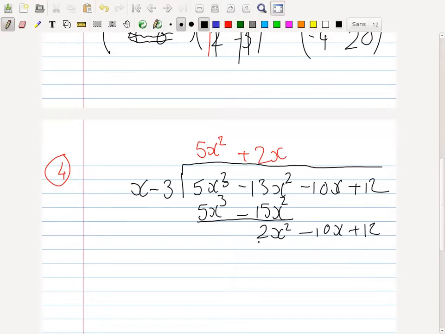Carry out the multiplication. 2x squared minus 4x. And now I divide. Minus 6x plus 12. Last one will have to be minus 6. And I get minus 6x. Wait, what went wrong? 6 is 18, minus 4, that's it.